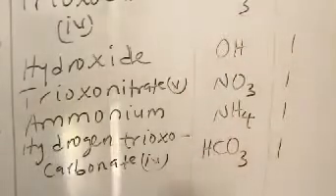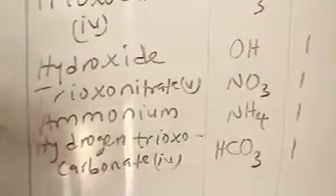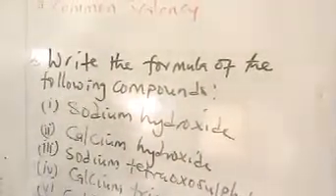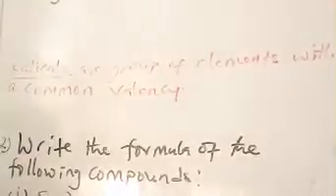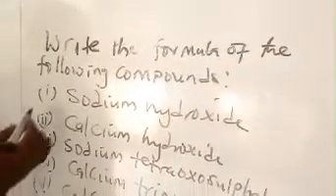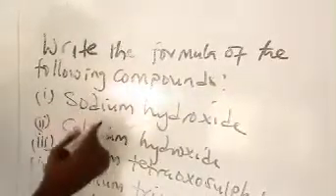Now, having known this, you can actually solve a problem by combining the radical and a particular element in question to form a new substance and give it a formula. Let us now take some of the examples. Looking at this question, write the formula of the following compounds. Number 1, sodium hydroxide; calcium hydroxide; sodium tetraoxosulfate 6; calcium trioxocarbonate 4; and calcium hydrogen trioxocarbonate 4.